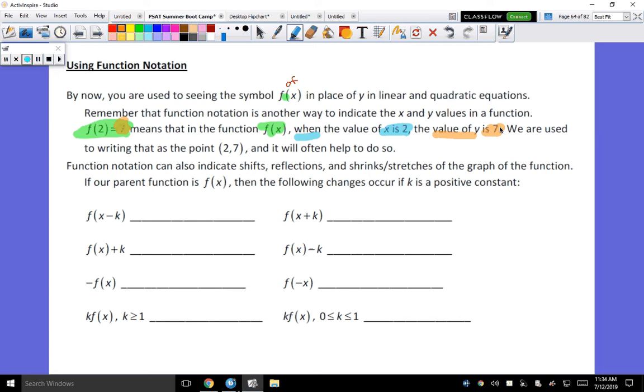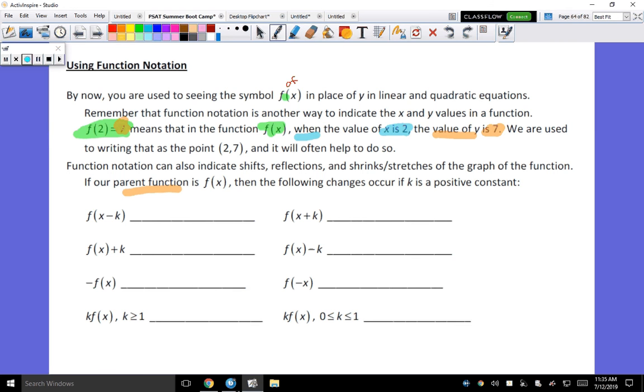We are used to writing this as a point, 2, 7, like a coordinate point. And it will often help to do so. So function notation can also indicate shifts, reflections, shrinks, stretches, compressions, all that from parent functions, as long as we know the parents.